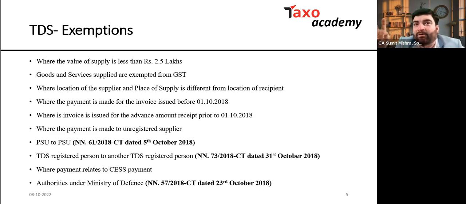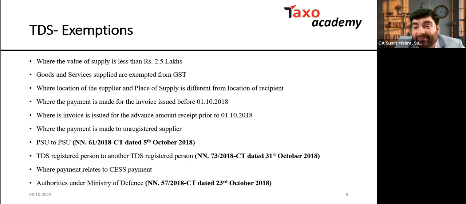So just giving the benefit to these PSUs, they have introduced this particular provision. Similarly, TDS registered person to another TDS registered person. Again the same thing, where payment relates to cess payment. If my supplies are subject to collection of cess payment, in that scenario, TDS will not be deducted. So these are the basic transactions you can understand.